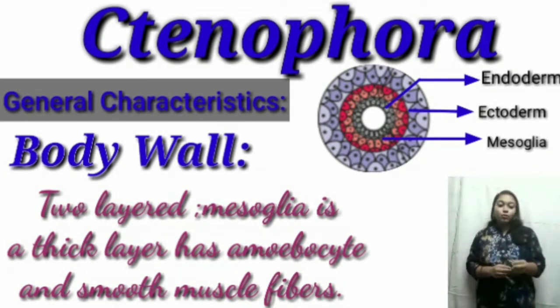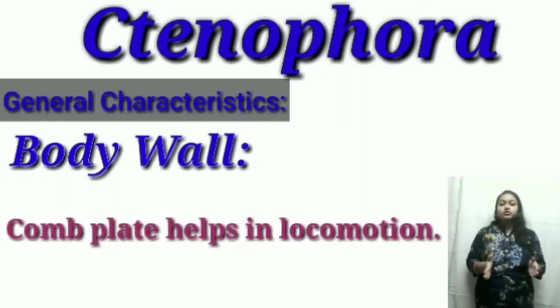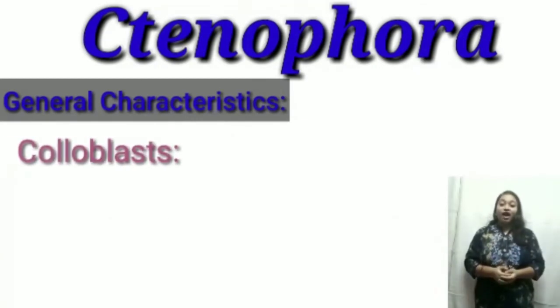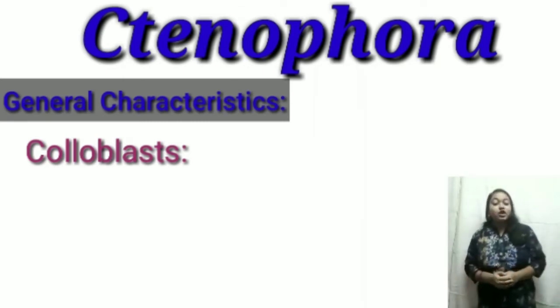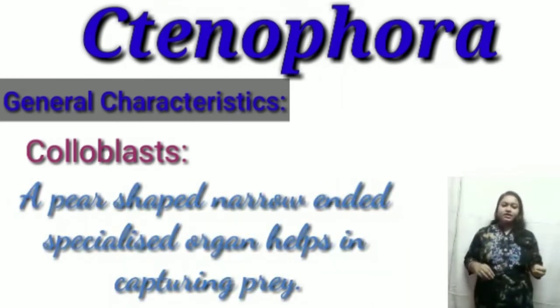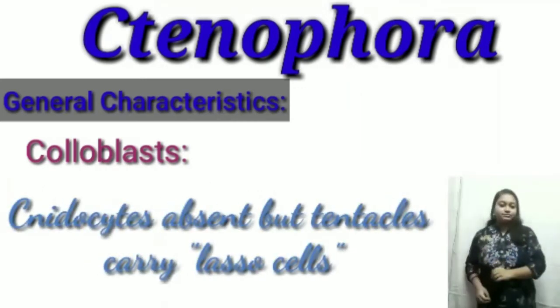And the comb plates, 8 meridional comb plates help in locomotion. And the next point is colloblast. A special type of cell is the colloblast.